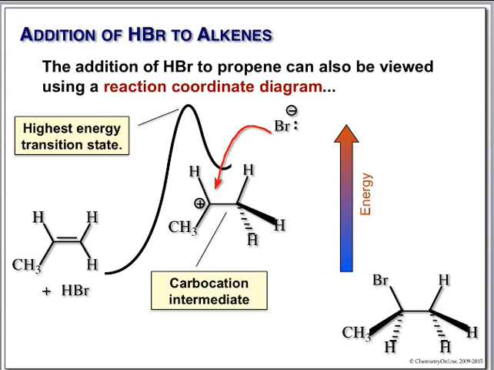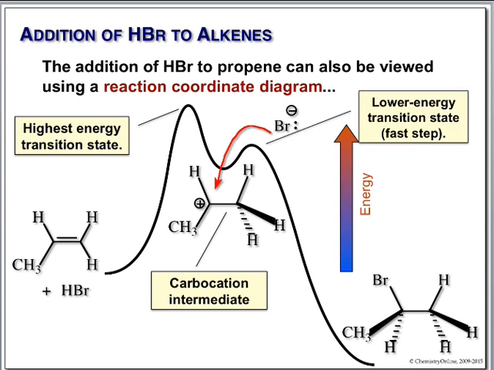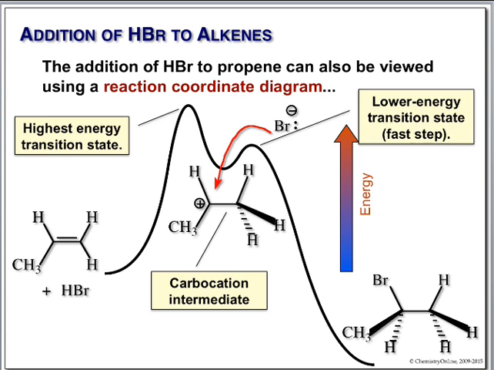Bromide is going to come along, going to add to it very, very quickly. And when it does, we will go through a low energy transition state to give our final products. This is the rate limiting step because it's the highest energy transition state. And this is the fast step.